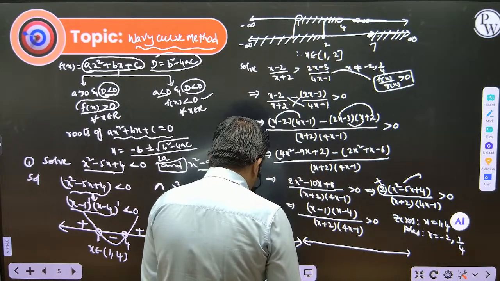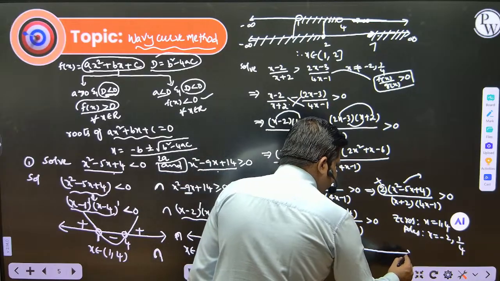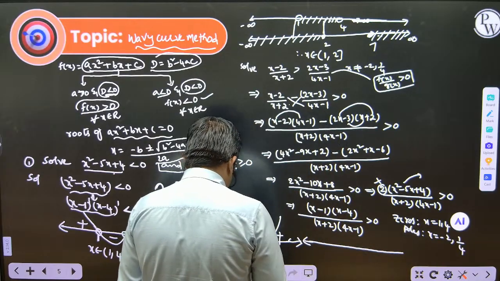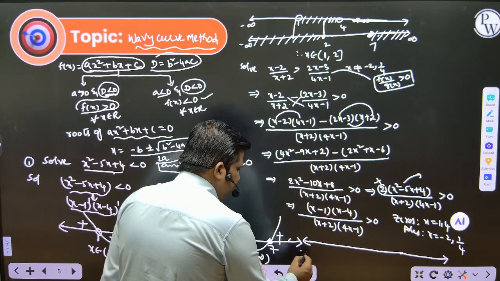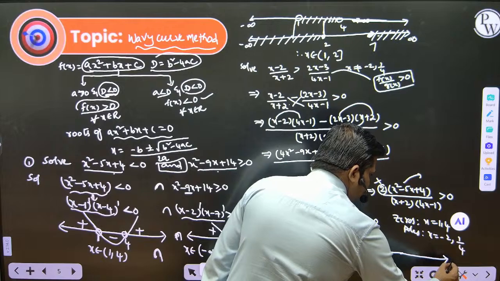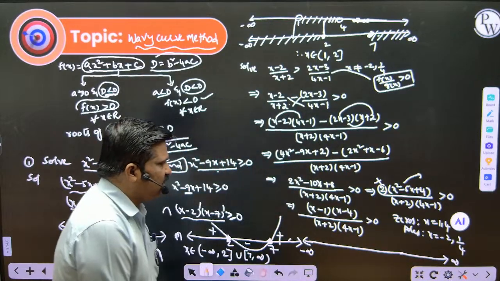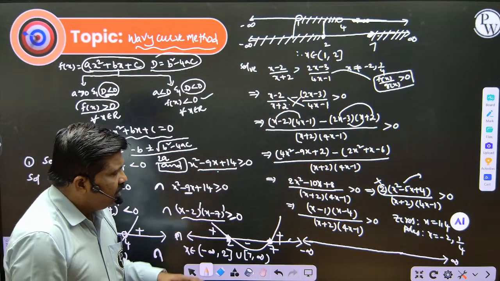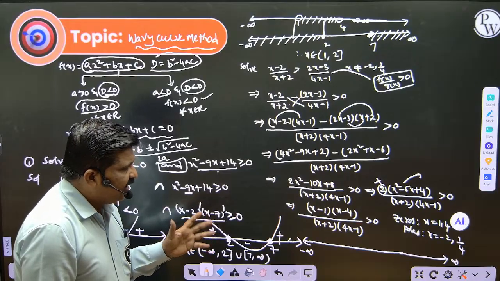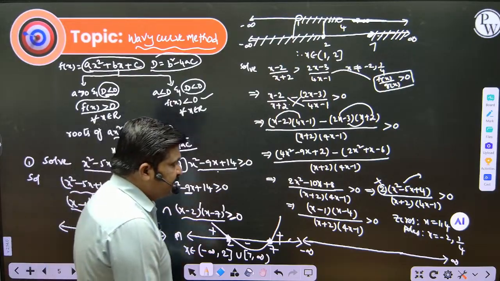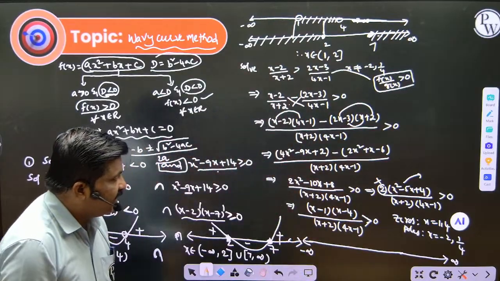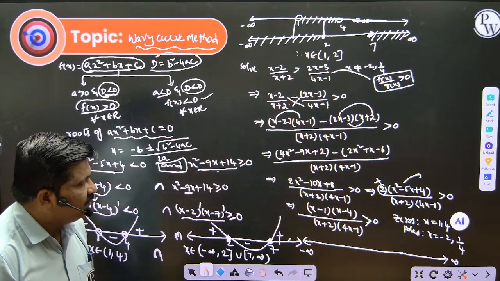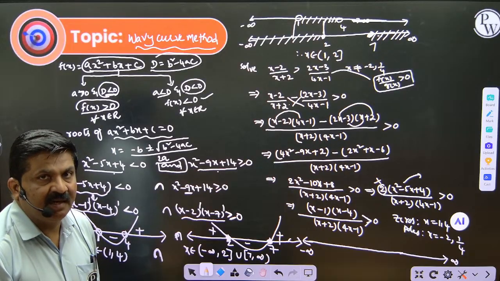As I already told you, poles are never included in our solution. But zeros may or may not be included, depending on whether 0 is considered or not.